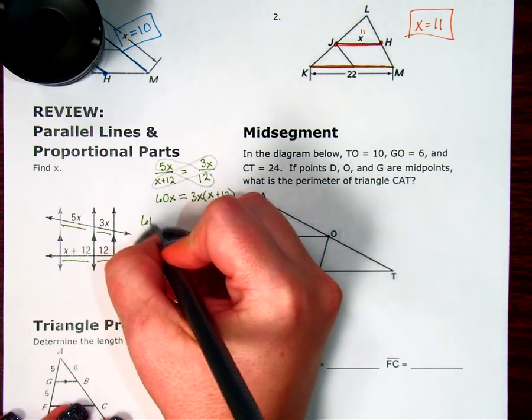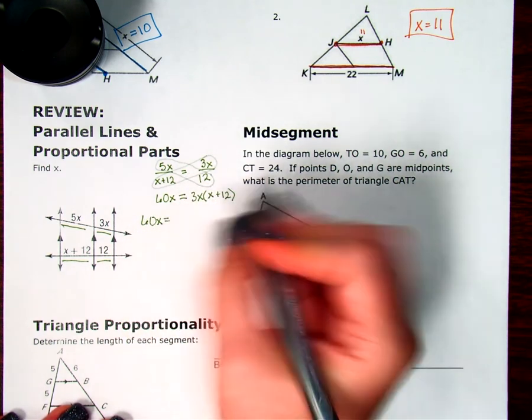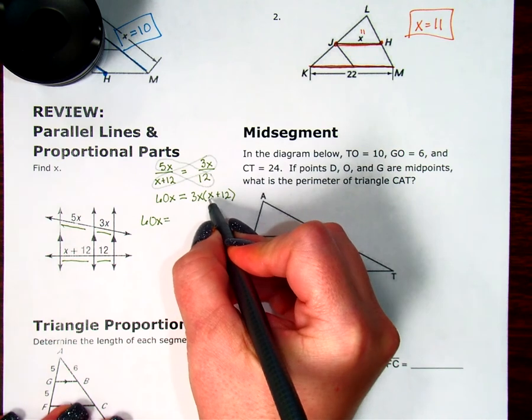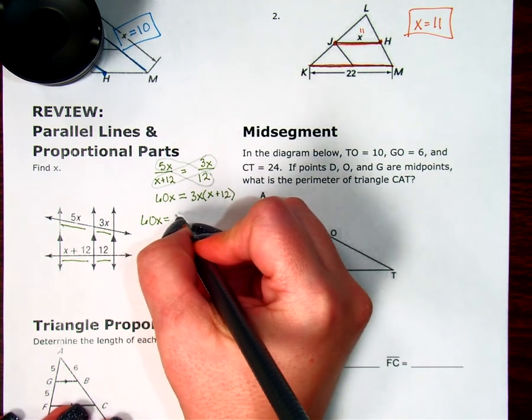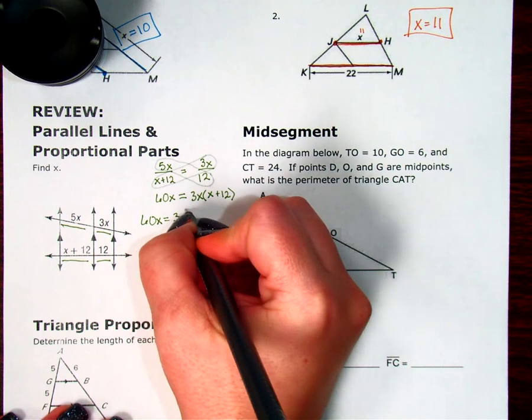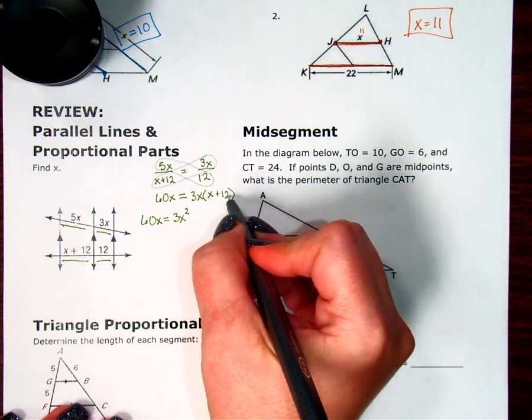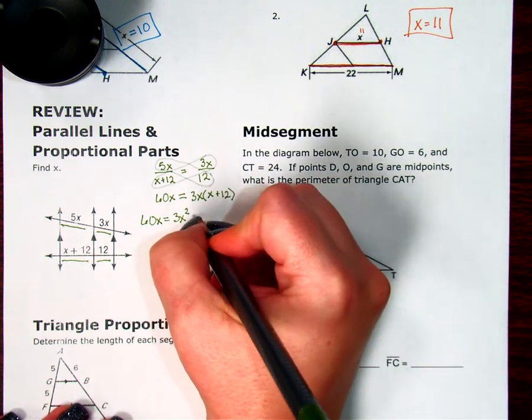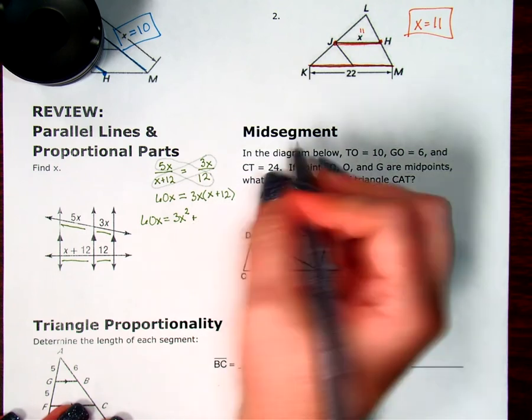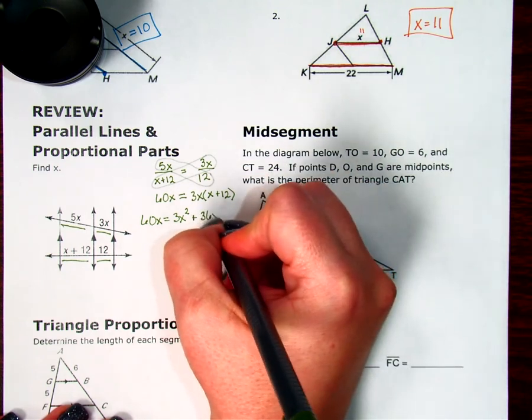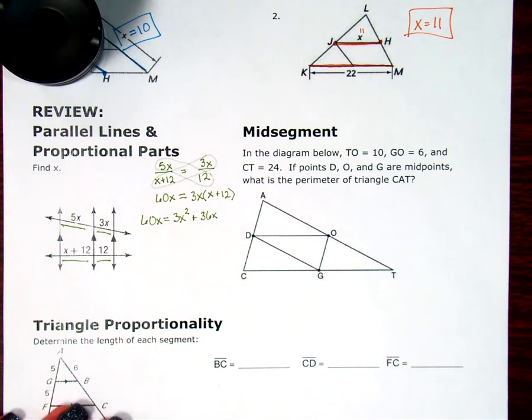It's going to be 60x equals 3x times x is 3x squared. And then 3x times 12 is going to be 36x. So here we have a quadratic.